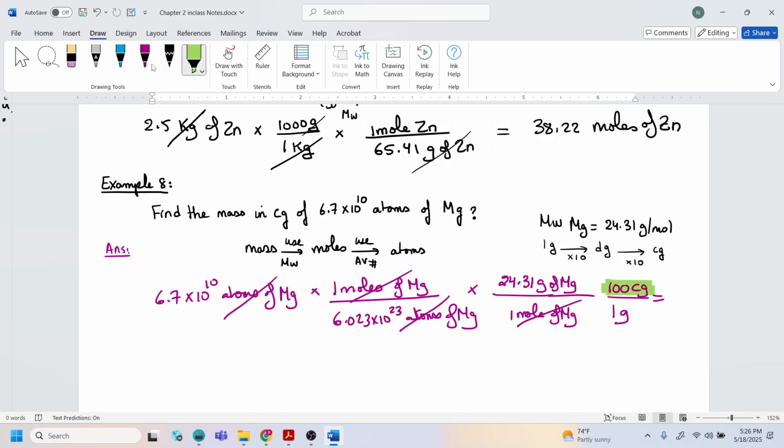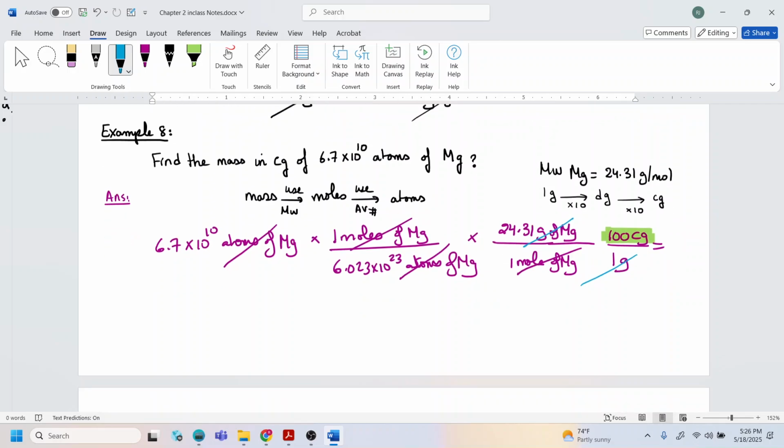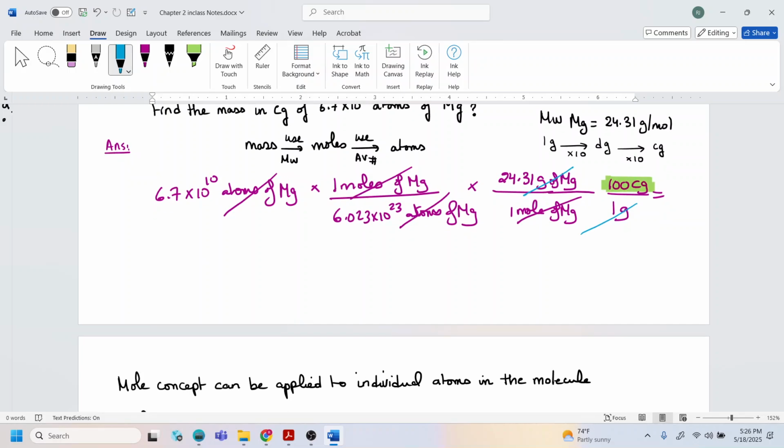So the grams of magnesium, because it's a conversion unit, is going to be grams of magnesium anyways. So my answer in this case is going to be 2.7 times 10 to the negative 10 centigrams.